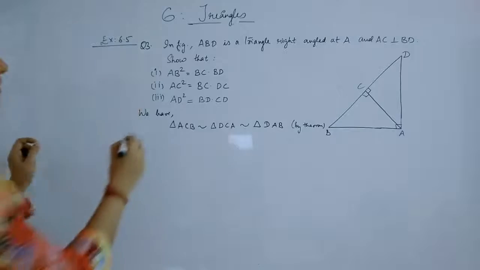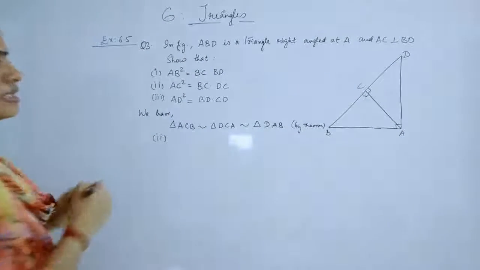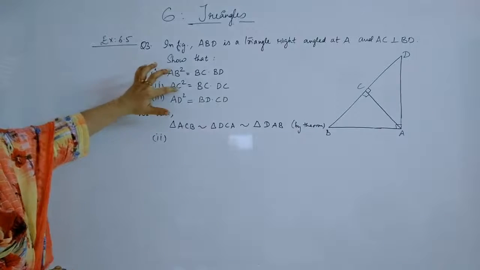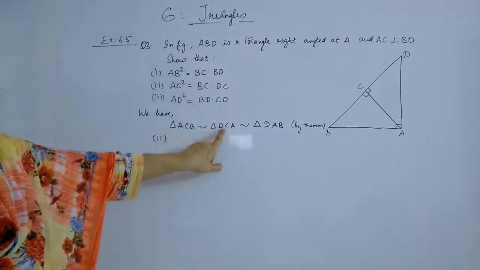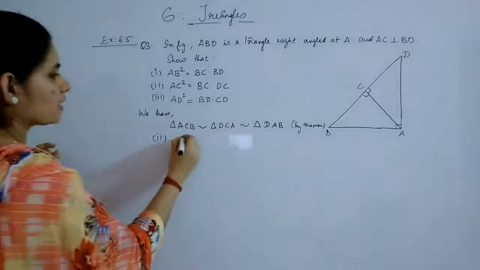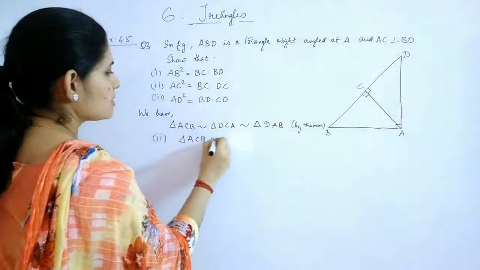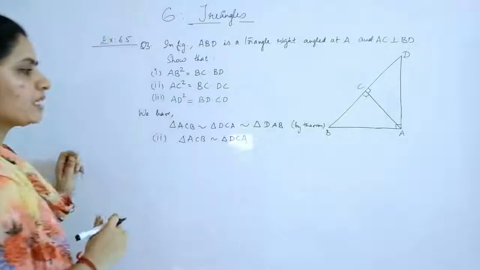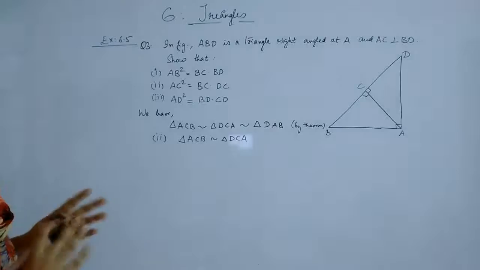For the second subdivision, we again have to consider two triangles, and how will we choose those two triangles? Since we need AC square, here you have AC and here also you have AC. So we will consider these two triangles. That is, triangle ACB is similar to triangle DCA. Now again we need to include AC for both the triangles.